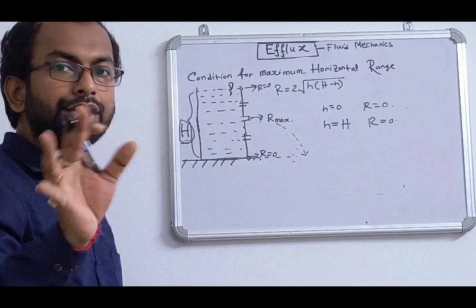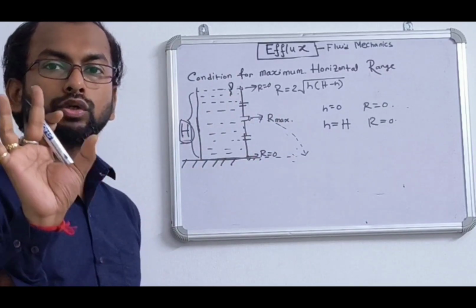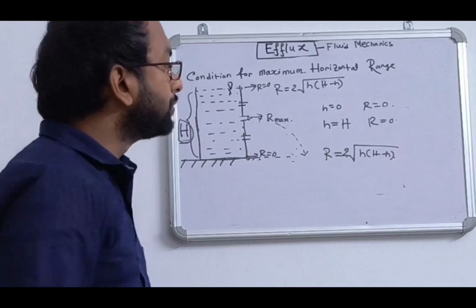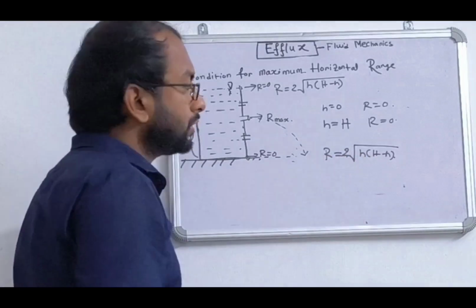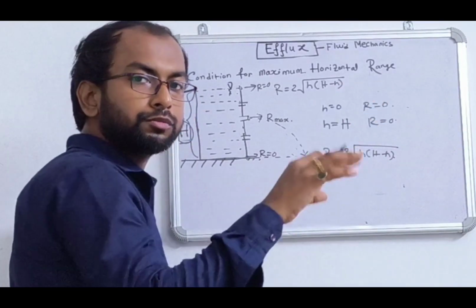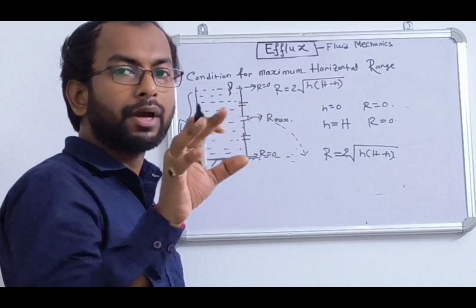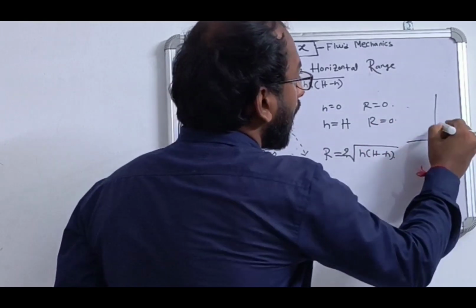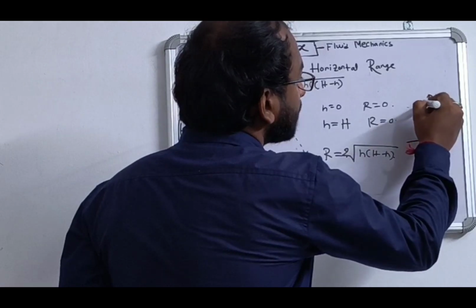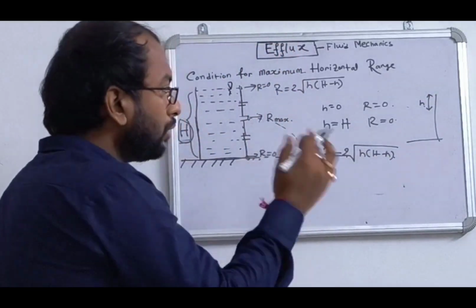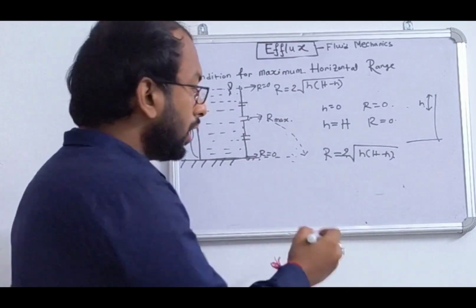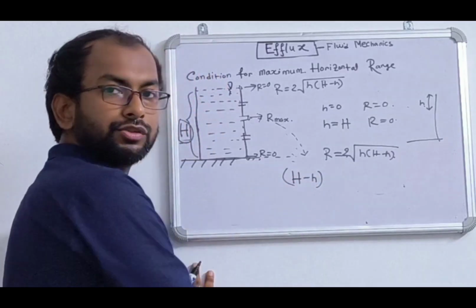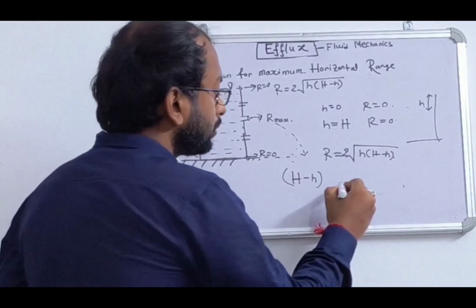Now there is a very easy trick to find those two points where I'll get the same range. Closely observe this range equation. The range is 2 into root over small h into (capital H minus small h). So if I keep a hole at depth h from the surface, I'll get this range. Now if I make a hole at a depth of H minus h, what will be the range? Let us find out.